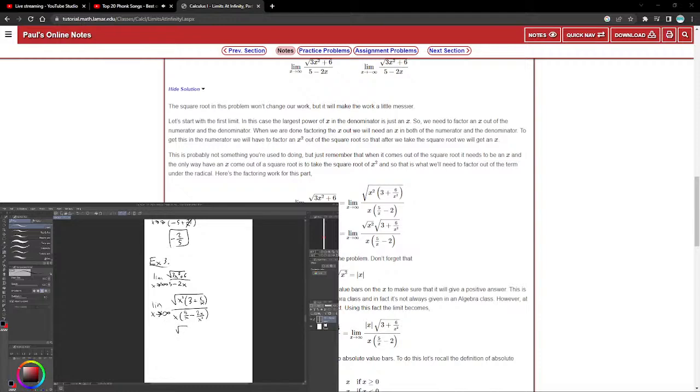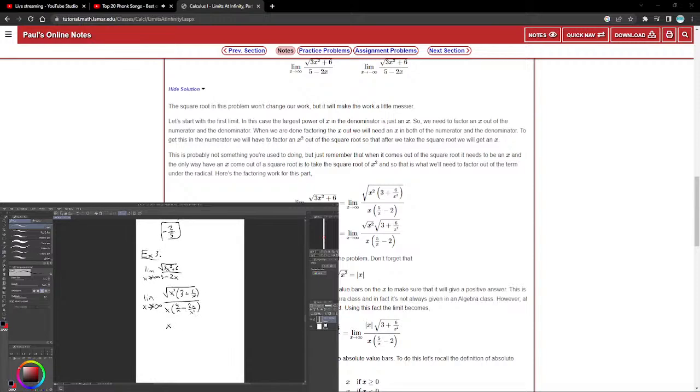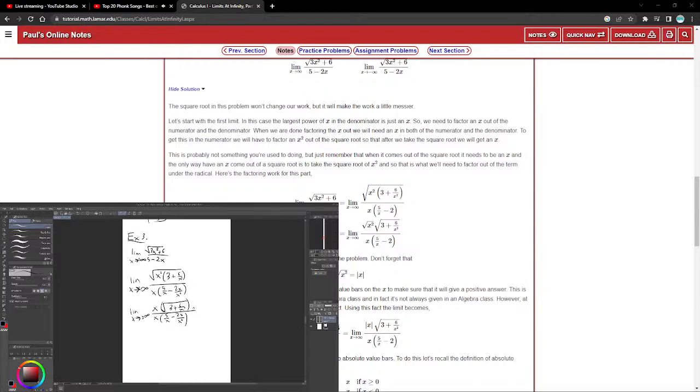And then these are split up. This becomes an x times the square root of 3 plus 6 over x squared, over x times 5 over x minus 2x over x squared. And we want to split these up or something.